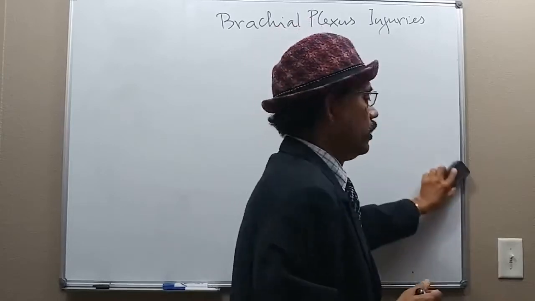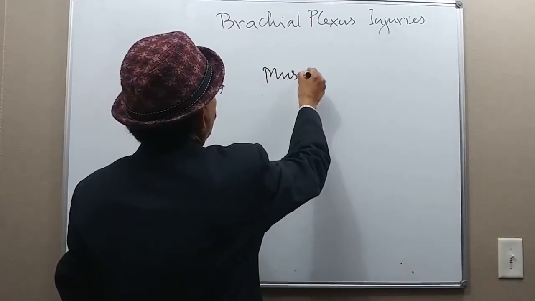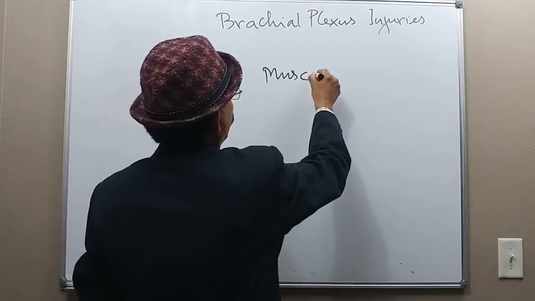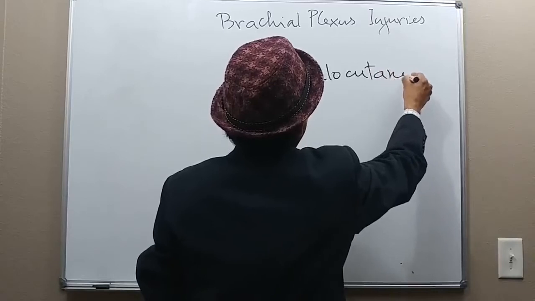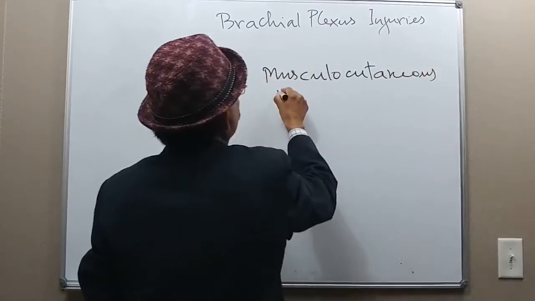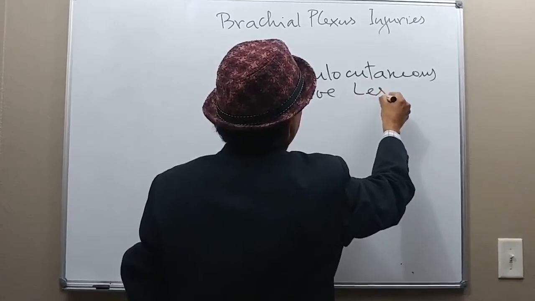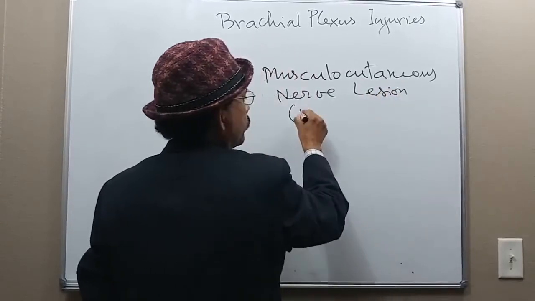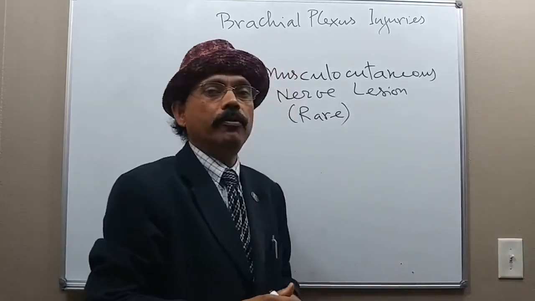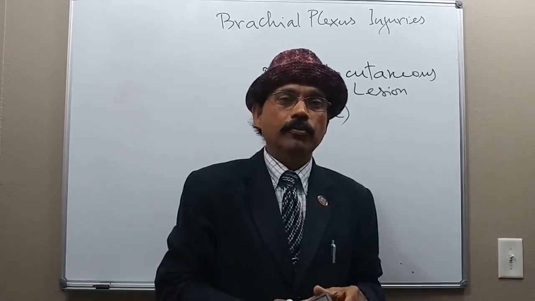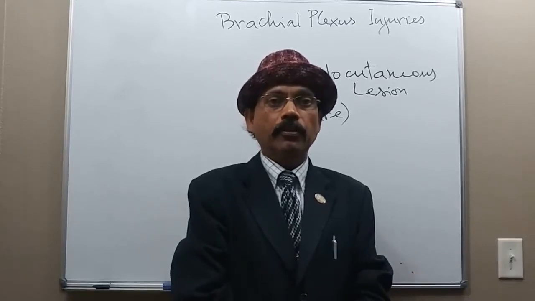We may have lesion in the musculocutaneous nerve, although very rare. This is rare, not very common, but it may be damaged due to trauma or injury, maybe gunshot injury or any other road traffic accident.